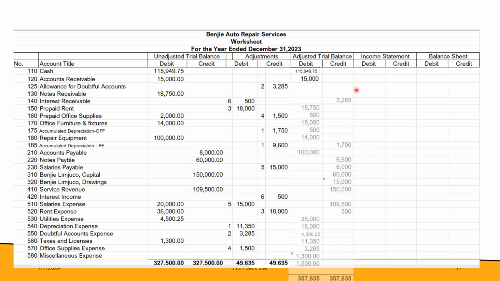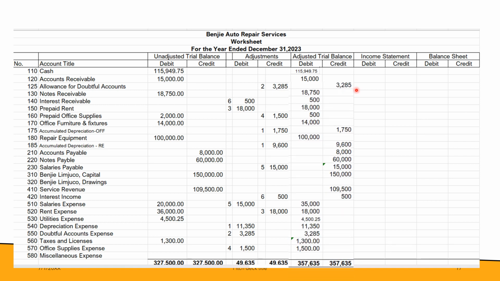And then for the others, these are the balances that you will forward under the adjusted trial balance. Allowance for doubtful accounts: we have an adjustment credit of 3,285. So you copy that amount to your adjusted trial balance, until your last account title with a balance. So we have office supplies expense, 15.